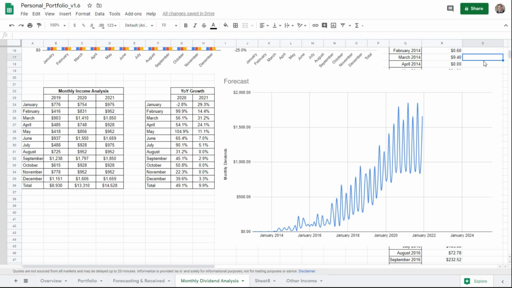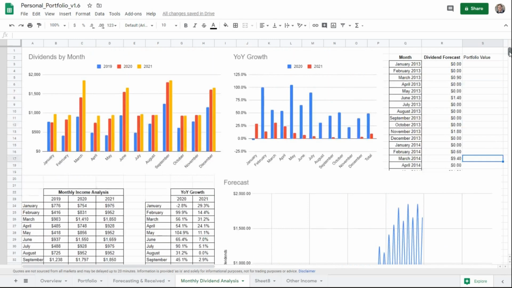Are you expecting more even monthly dividend payments? Are you expecting more money on the third month of every quarter like I generally get? And this is generally how my portfolio has been. Or maybe you want to even it out. Maybe you want to find, okay, this company is paying 5% yield in the third month of every quarter, and I really need to up my first and second month.